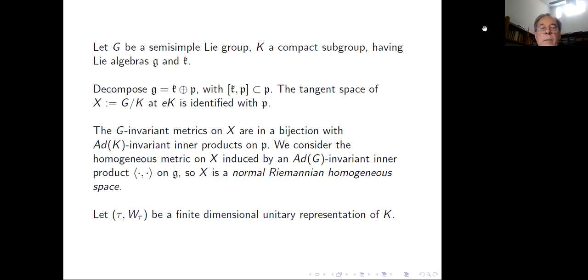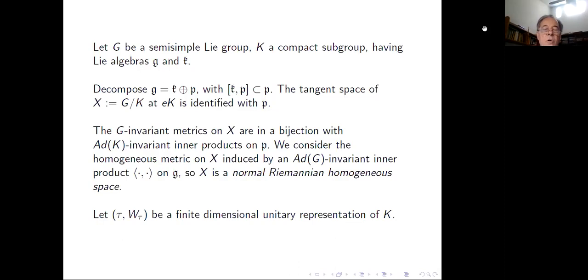So the G-invariant metrics on X are in bijection with Ad K-invariant inner products on p. And we consider the homogeneous metric on X induced by a fixed Ad G-invariant inner product on g, so that we will work with X a normal Riemannian homogeneous space or symmetric space.